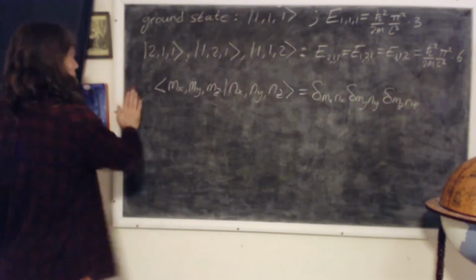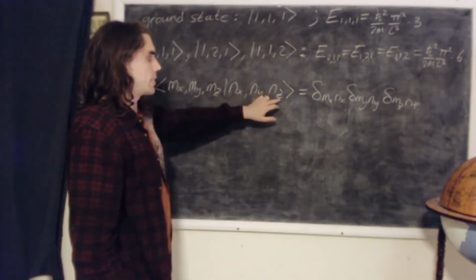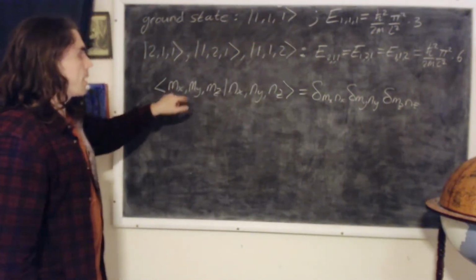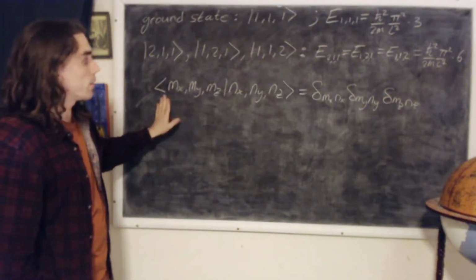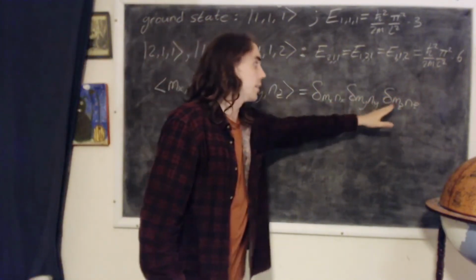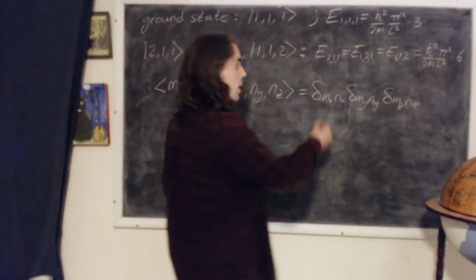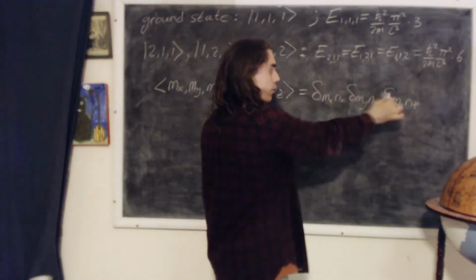So for our state nx, ny, nz, if we take another state mx, my, mz with these different integers or potentially the same, we find that the inner product of these two states is a product of the Kronecker deltas for each of the three pairs. So mx has to equal nx, otherwise this is 0 and the whole thing is 0.